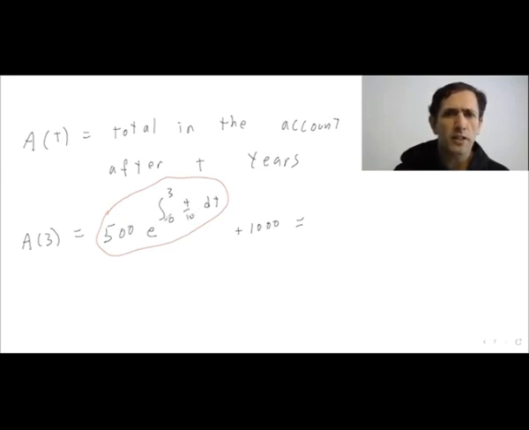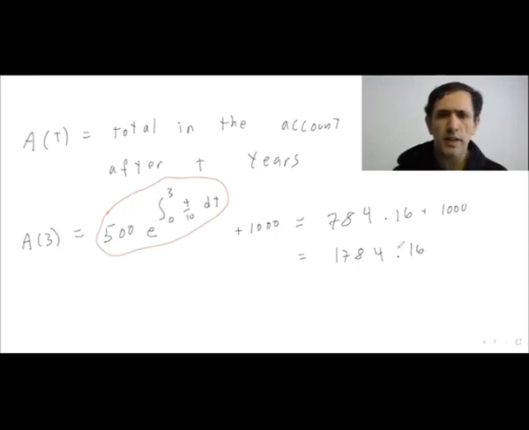You can do this integral from 0 to 3, and you'll check that you get 784 and 16 cents plus 1,000 equals 1,784 and 16 cents.